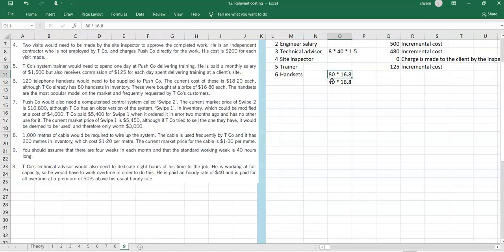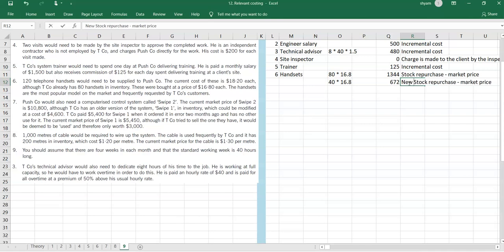So stock repurchase at market price. The other one would be a fresh purchase.